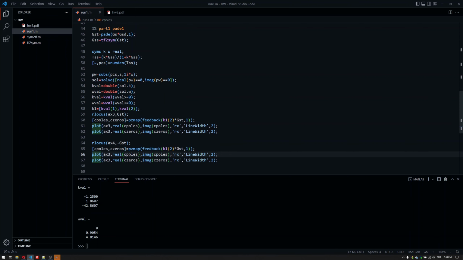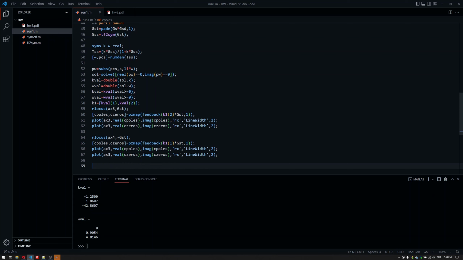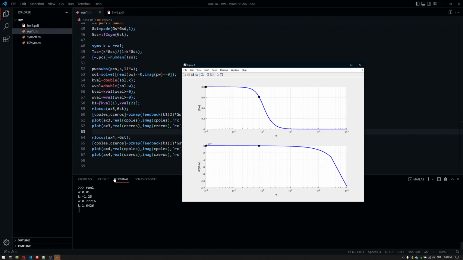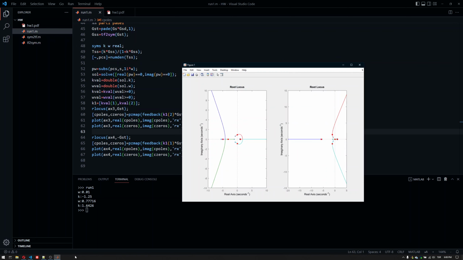I'm going to repeat this for the negative root locus, which means that I'm going to use k1 here, and here we should use ax4 and ax4. So this was the output.